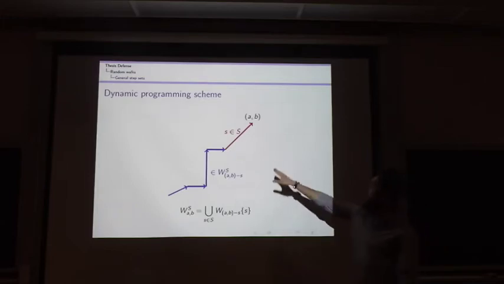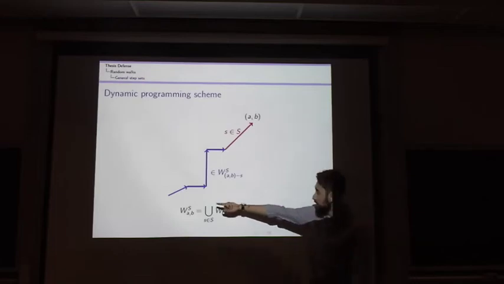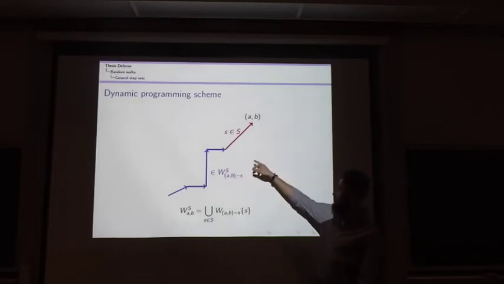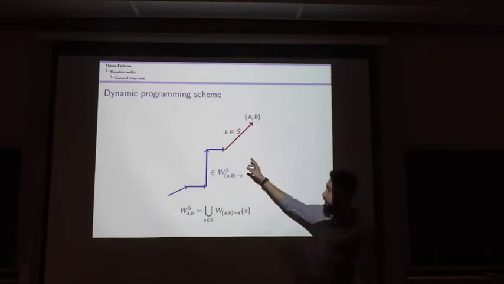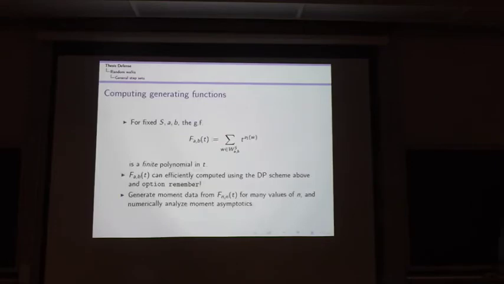We say any walk to (a,b) is going to be a concatenation of some smaller walk plus the last step, which we know is some step in your step set. So you can express any walk as a concatenation of some walk plus the final step. And this is what gives you your dynamic programming scheme for the generating functions. Basically, the picture I just showed you implies some type of recursion for the generating functions.